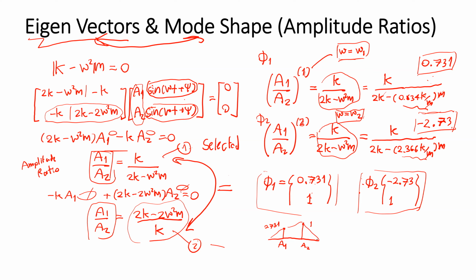Go into the same direction, but A1 is smaller in magnitude. How about this one? The physical meaning is if A2 is equal to 1, A1 will be in the opposite direction with a bigger magnitude.